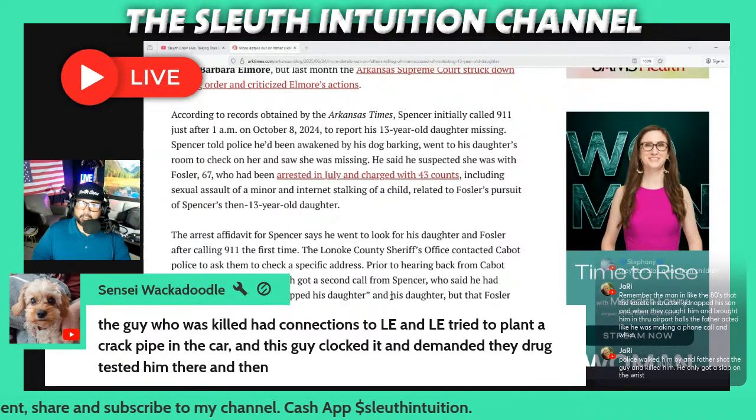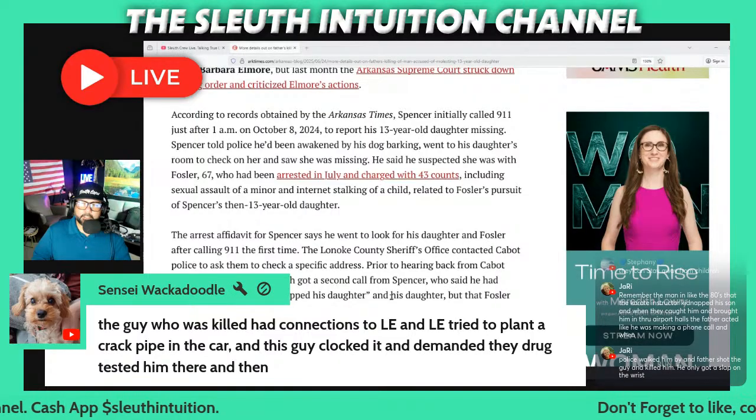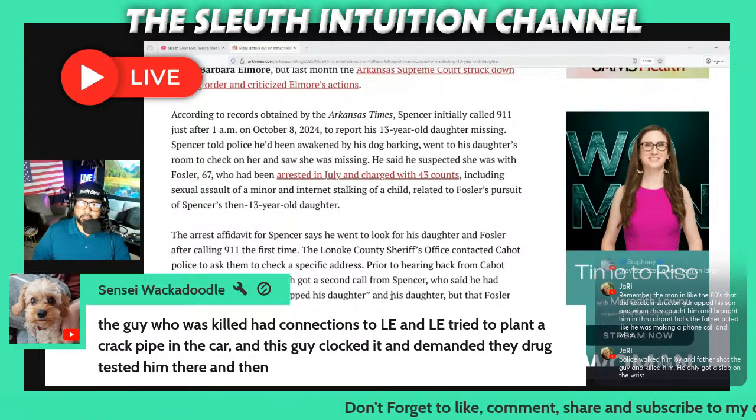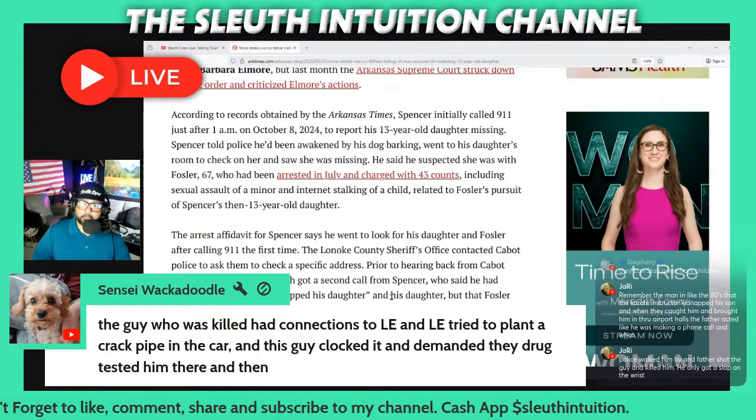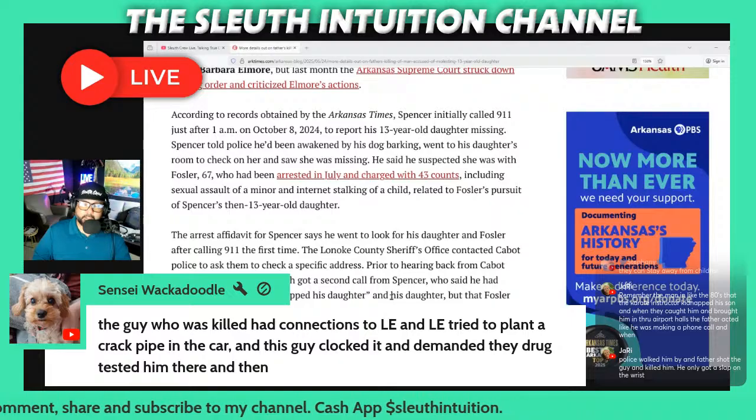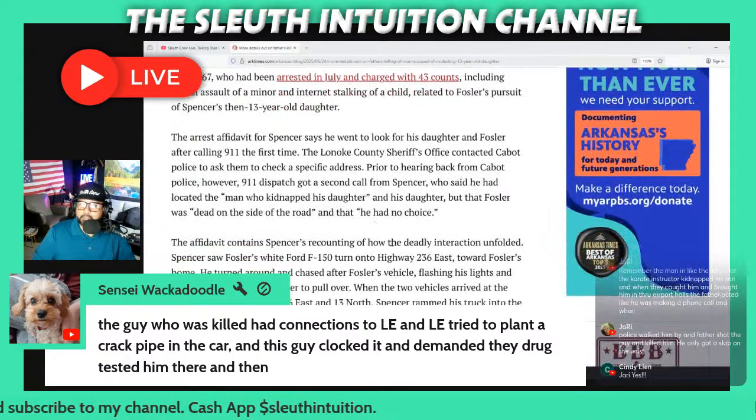He said he suspected that she was with Fossler, 67, who had been arrested in July and charged with 43 counts, including sexual assault of a minor and internet stalking of a child, related to Fossler's pursuit of Spencer's then 13-year-old daughter.